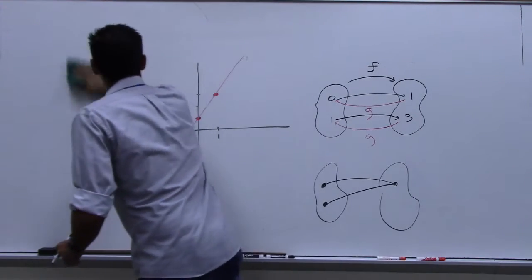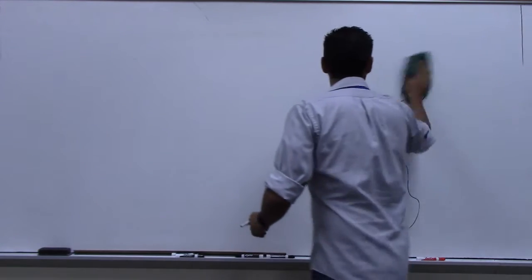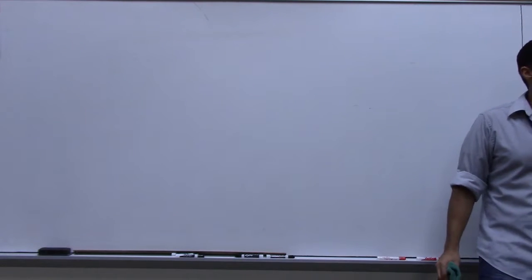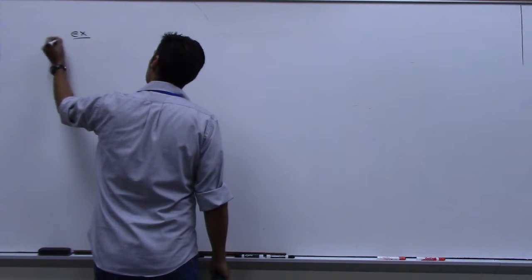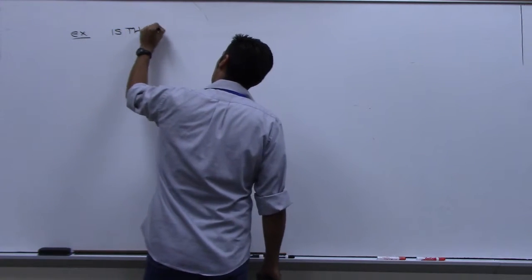So what I'm going to do now is draw a couple of pictures, and I want you to tell me whether or not these are functions and whether or not they're 1 to 1. All right? So for these examples, the question is: is this a function?